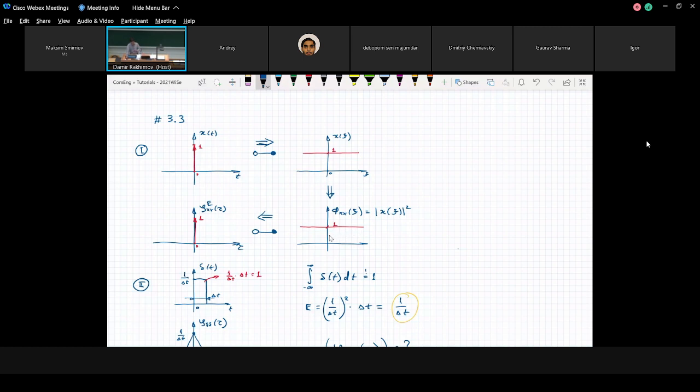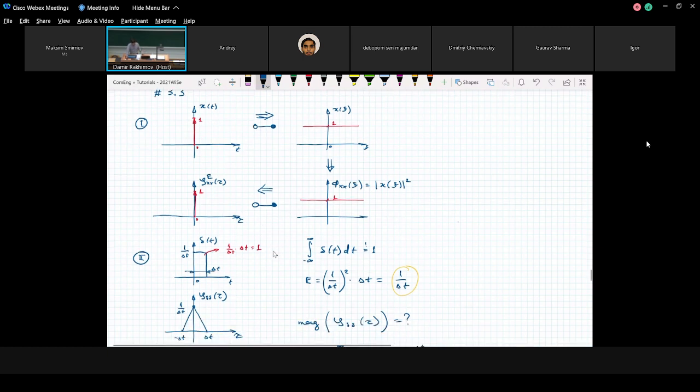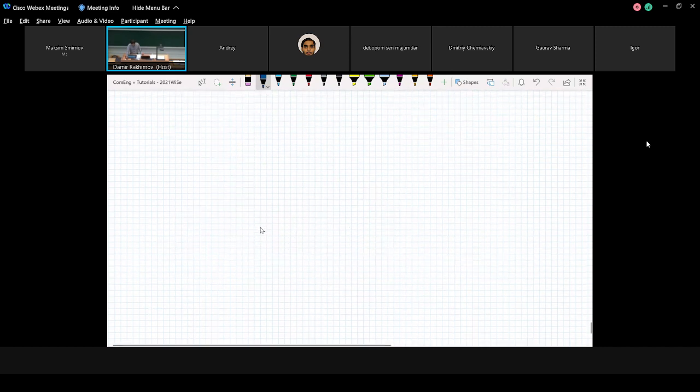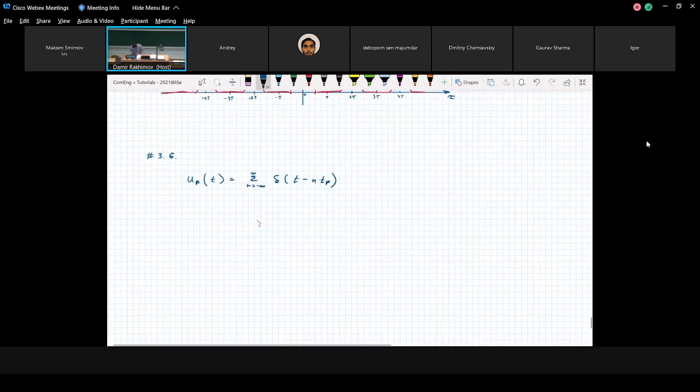But now we're going to find the power spectral density, because we have a periodic sequence. And then from the power spectral density, calculating the inverse Fourier transform, we find the autocorrelation function. So we just follow all the same steps, and let's see what we get. And let's see if we actually get a different result. So first, we're going to plot our sequence of delta pulses.